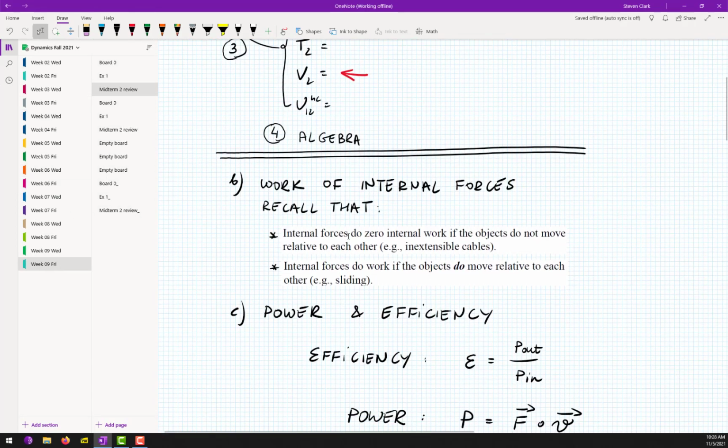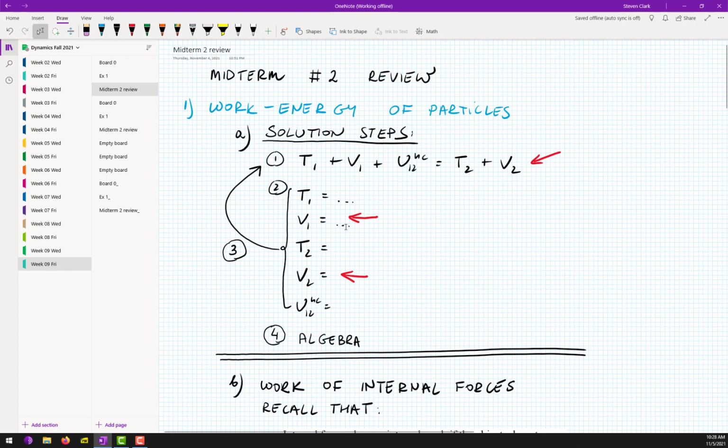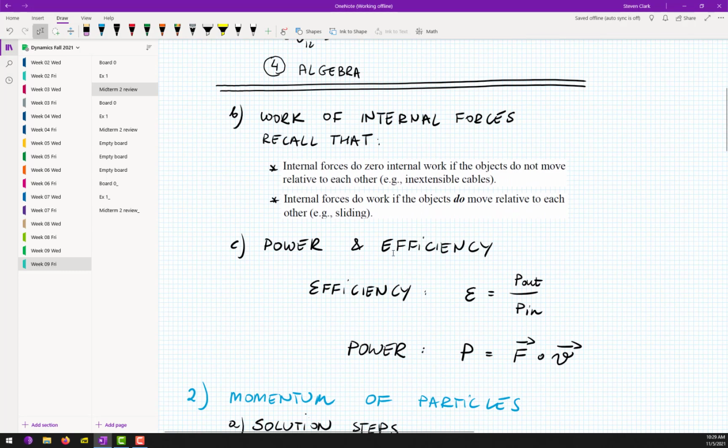Okay, so this is how we started our journey with the work-energy method, yes? Then we kind of built on our knowledge. So then we also knew that the work of internal forces is zero if objects do not move relative to one another.